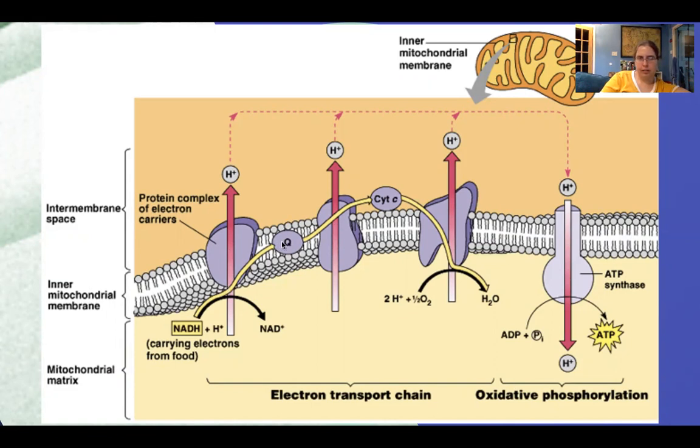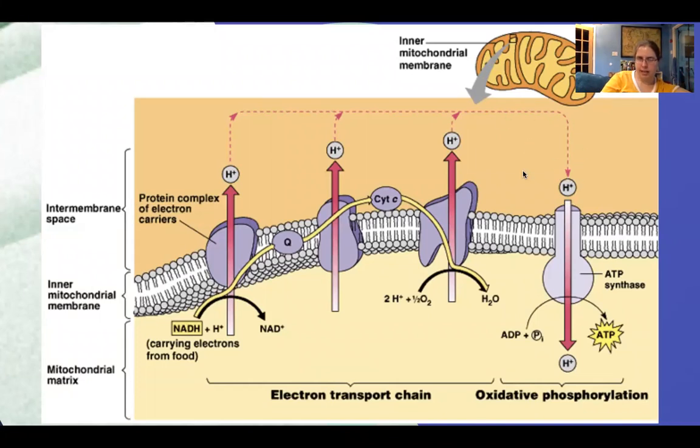The electrons are moved from one protein to the next. As they are moving, they are drawing hydrogen ions from the matrix across the membrane to the intermembrane space. Now we're collecting a large concentration of hydrogen ions out here.